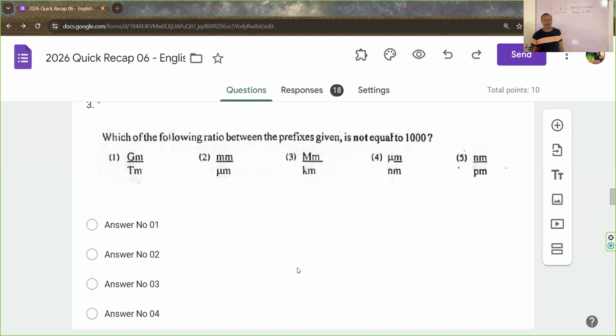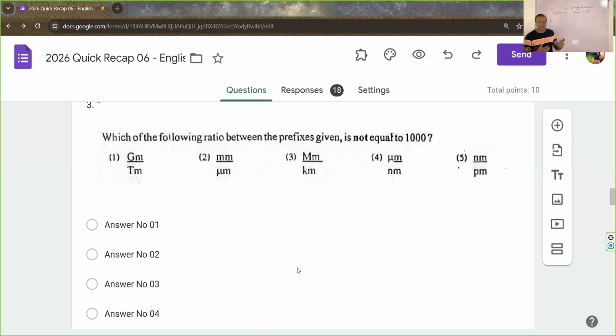Gigameter is smaller than the terameter. Therefore, the smaller one is in the numerator and the bigger one is in the denominator. Therefore, definitely the ratio should not be equal to 1000. It should be 10 to the power minus something.